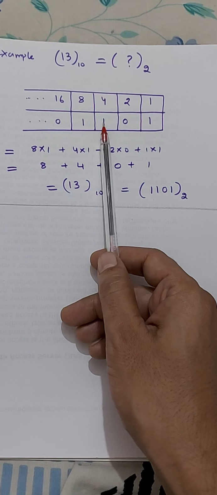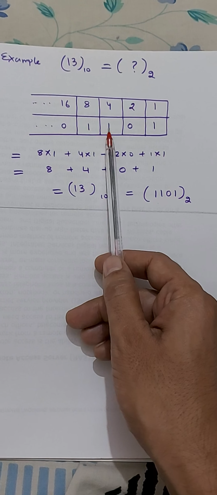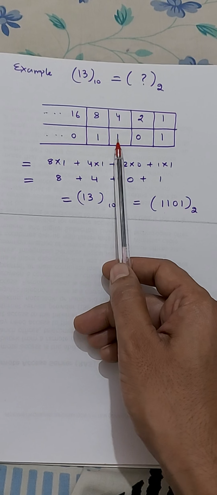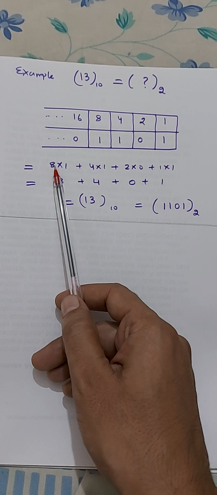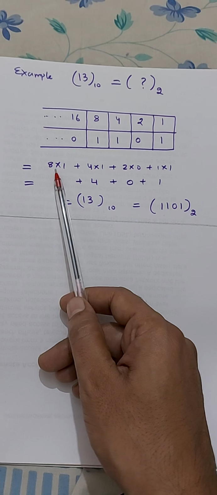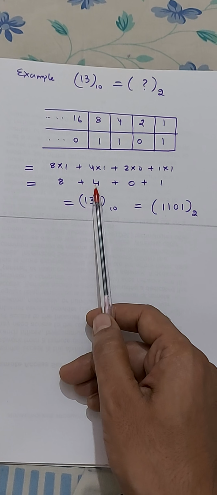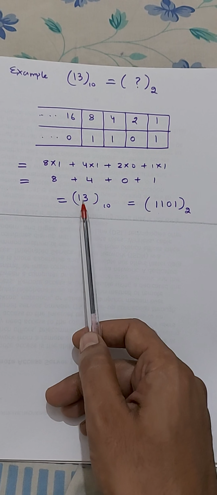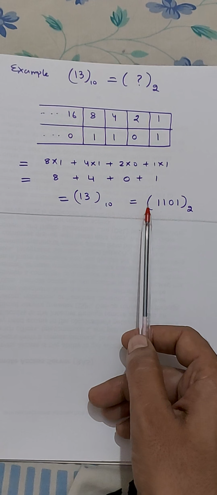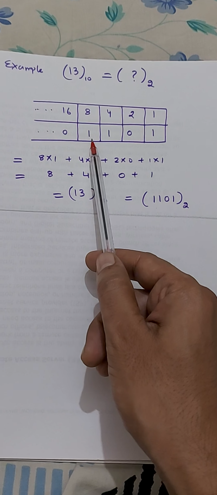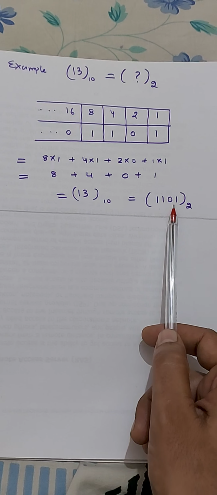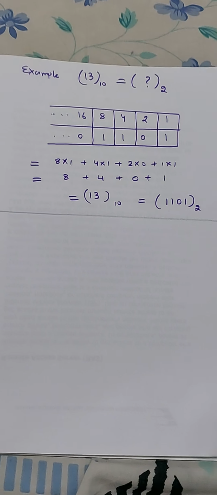We cannot take more than one time because binary number has only two different symbols, digits, which are 0 and 1. So we pick out 4 one time, and then we pick out 1 one time. See what happens. 8, one time we pick out 8, one time we pick out 4, then we don't need 2, we need 1, we add these up, we get 13. So the binary number that we get, the equivalent, is 1101. So this number 1101 in binary represents the decimal number 13.